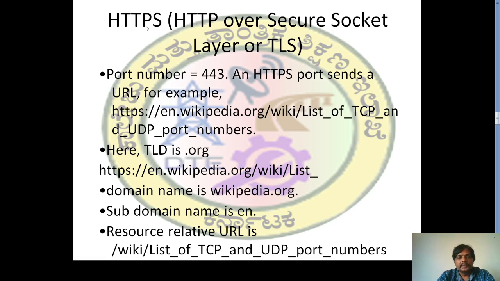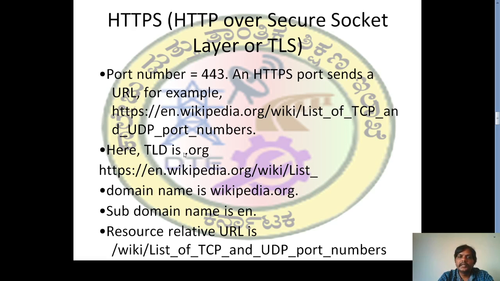HTTPS is the secured one compared to HTTP. This is HTTP over Secure Socket Layer or TLS. And the port number of HTTPS is 443. An HTTPS port sends a URL, for example, wikipedia.org, wiki list of TCP and UDP port numbers.